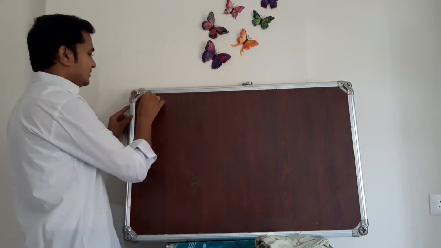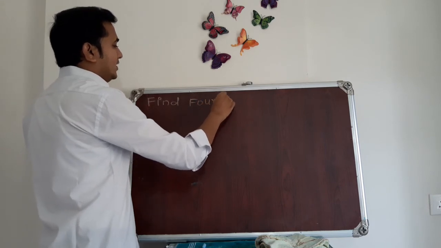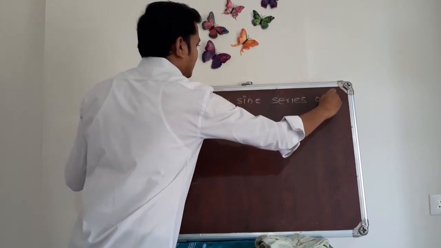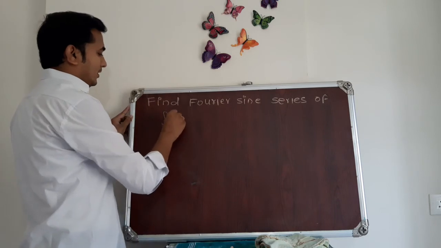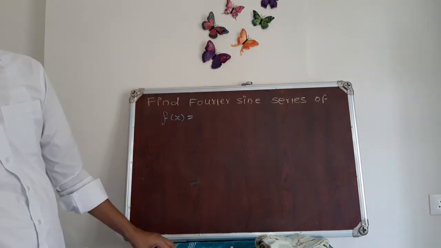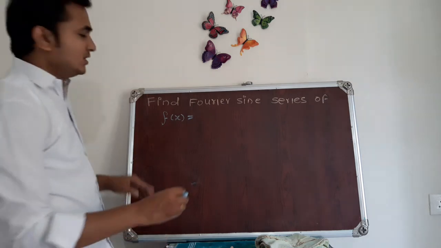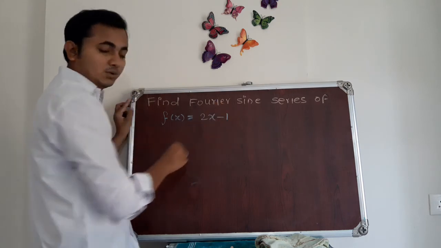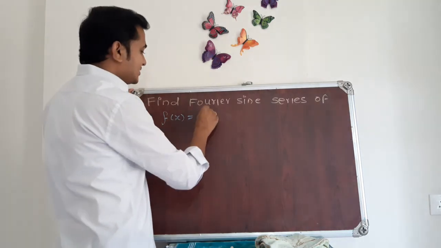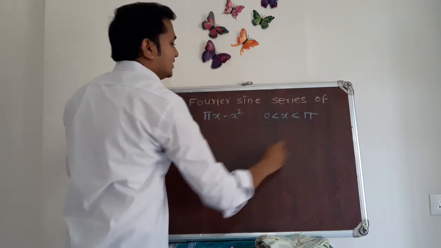So Fourier sine series, find Fourier sine series of f of x is equal to 2x minus 1, or let us take something else, pi x minus x square for the interval 0 to pi.